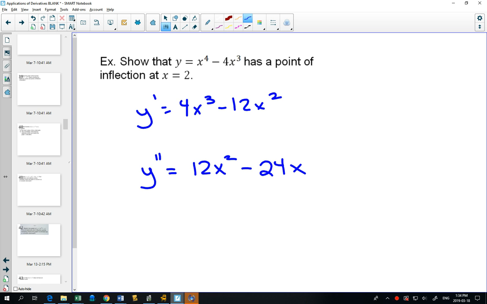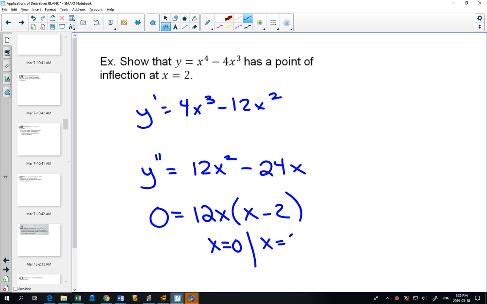And so first of all, we need to show that we're going to have an inflection point if the second derivative is equal to 0. So we set our second derivative equal to 0. On this side, I'm going to factor out a common factor of 12x, leaving me with 12x times x minus 2, which means there's 2 points where the second derivative is equal to 0. And just like we did with the first derivative, we make a number line, and we label all of our critical points for our second derivative.